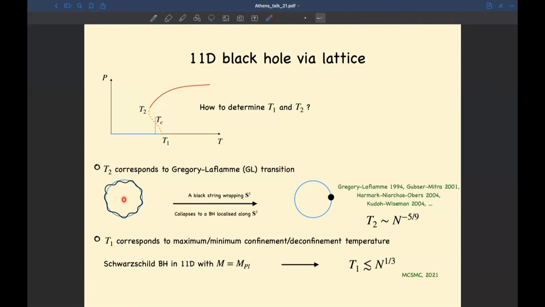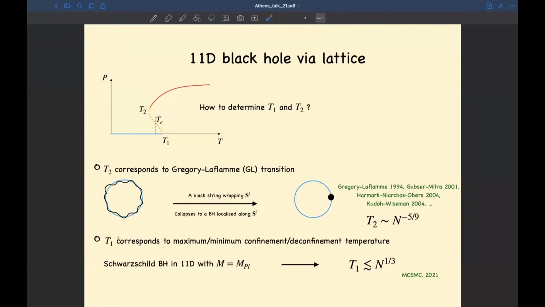So one can imagine that this is the 11-dimensional circle. The initial work was from Gregory and Laflamme, but later people studied more concrete examples, and the temperature for this particular case, for the D0 model, scales like N to the minus 5/9.